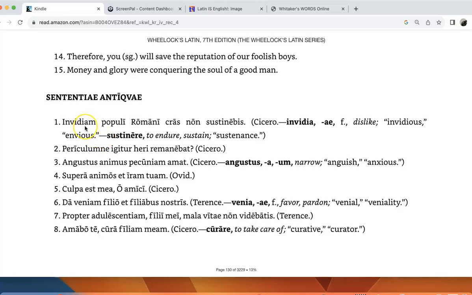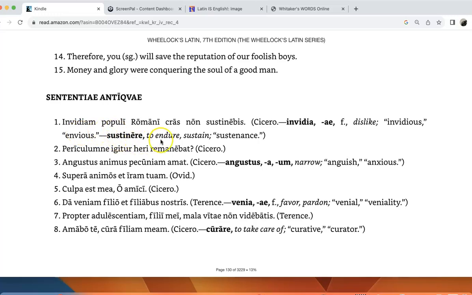All right, so here we have: invidiam populi Romani cras non sustinebis. So this one has some new vocabulary, but they give us invidia means dislike. That's where we get words like invidious and envious. You can see the root here, vid, and here we have envious.